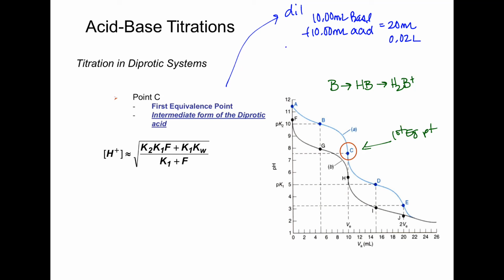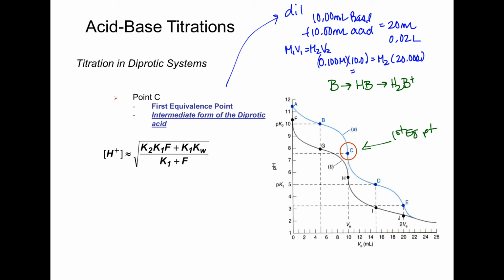So for dilution, I use M1V1 equals M2V2. For my base, I started off with 0.1 molarity and 10 milliliters of it. I'm looking for the new molarity now that I have 20 milliliters of it.